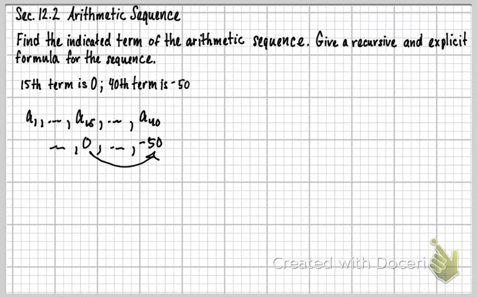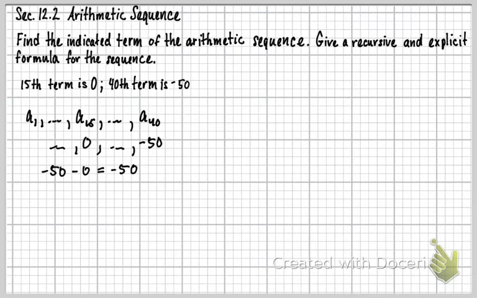Then I can divide that by 25, because it's 25 terms to get to 40 from 15. That would actually be negative 2. Negative 50 minus 0 is negative 50, because I'm just finding the difference from 0 to negative 50.